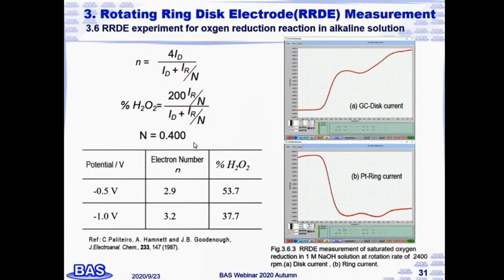The number of oxygen reduction electrons at minus 0.5 volt is 2.9, and the rate of hydrogen peroxide generation is about 53.7%, and at minus 1 volt, the number of reaction electrons is 3.2, and the rate of hydrogen peroxide generation is 37.7%.